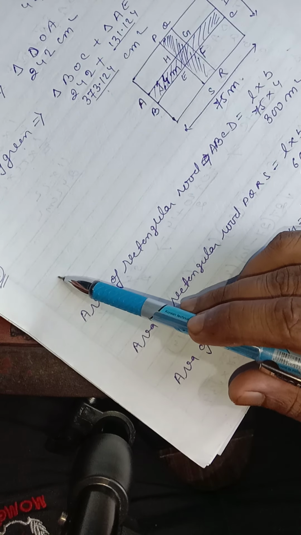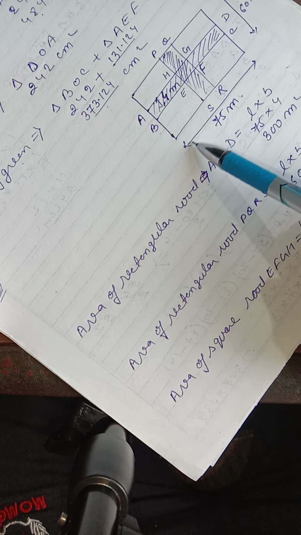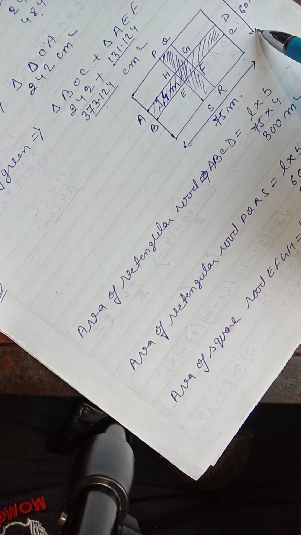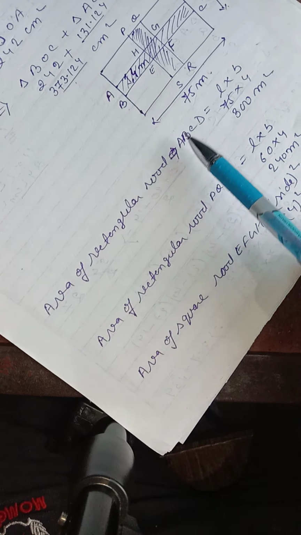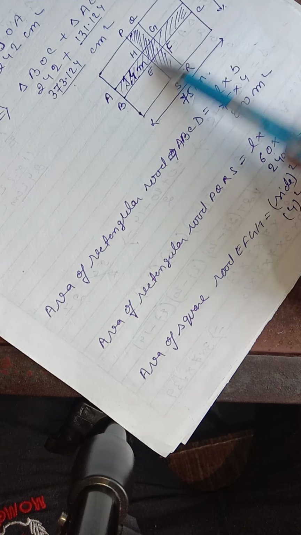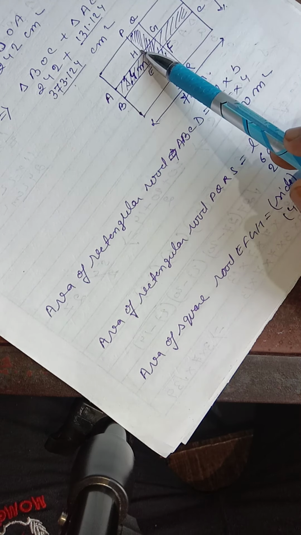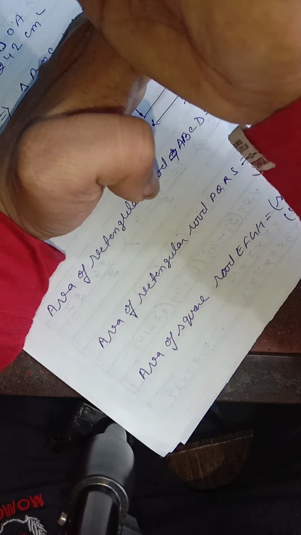Question number 37. The figure is given in your question. A rectangular lawn 75 meter long and 60 meter broad is given. The road is of 4 meter. So how to find it? First of all, try to find the road area. ABCD, length into breadth. You can see this rectangle comes twice, like this, again like this.